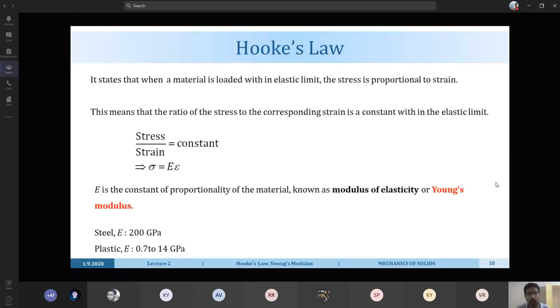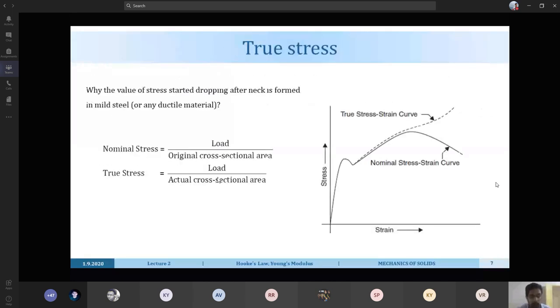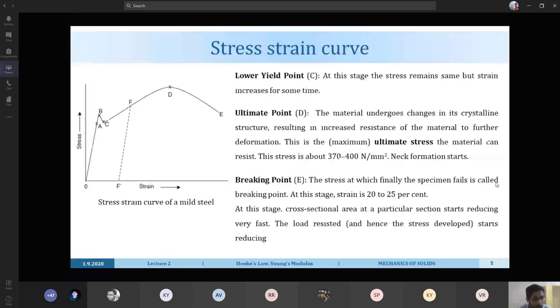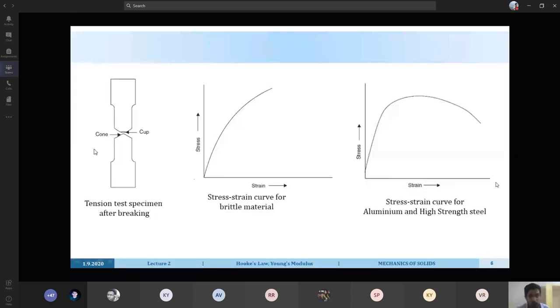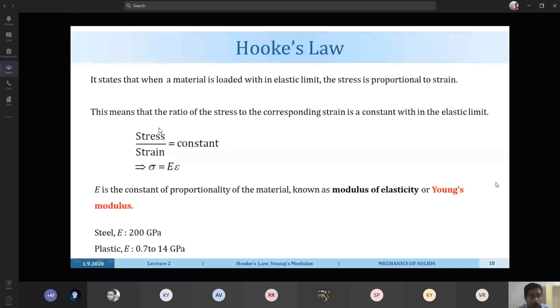Coming to Hooke's law. Within the elastic limit, we have seen that stress is proportional to strain. Again in this graph, within the elastic limit there is a linear relationship. So the ratio of the stress to the corresponding strain is a constant within the elastic limit.